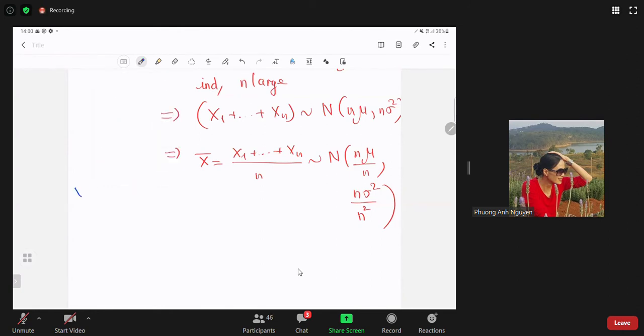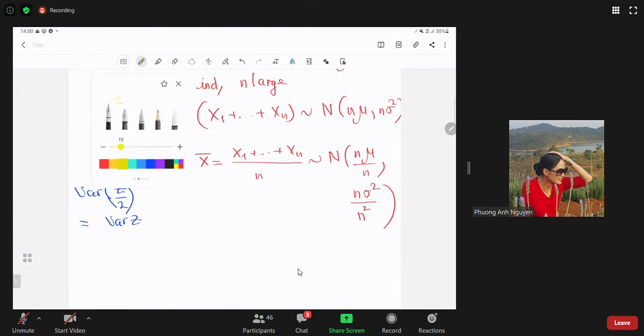So for example, bar z divided by 2 is equal to what? If I want to move 2 outside, I get 2 squared.